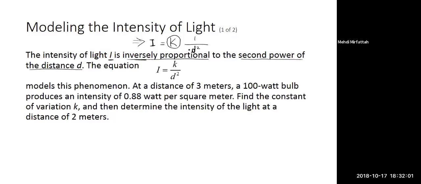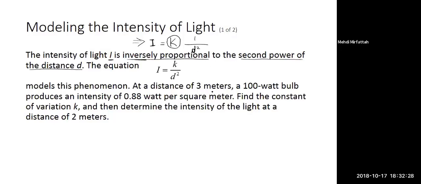In order to solve for k, I need to know the value of d at some instant. So if you ever need to solve for k, somebody has to give you that information, tell you what the value of I and d is at some instant.